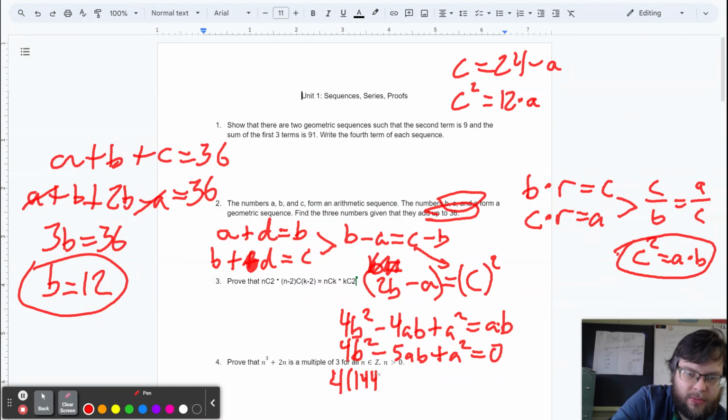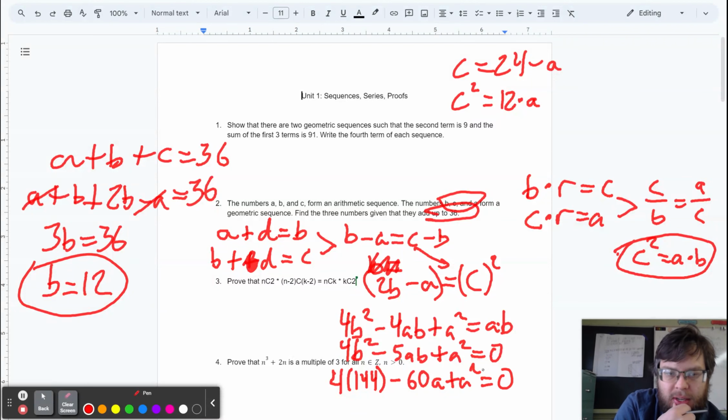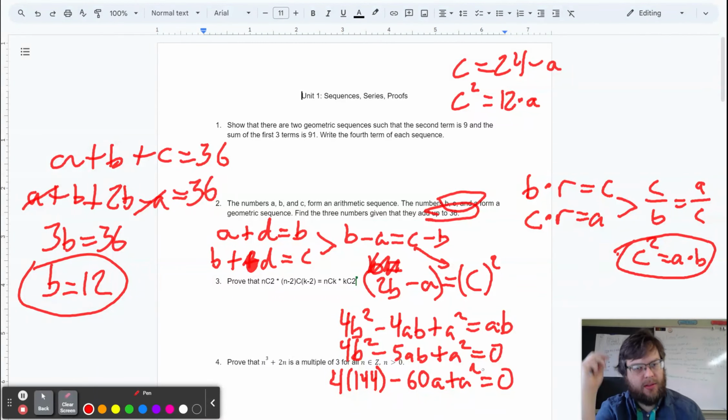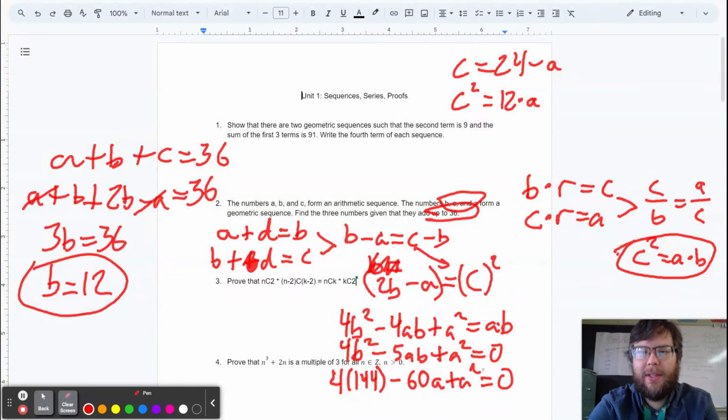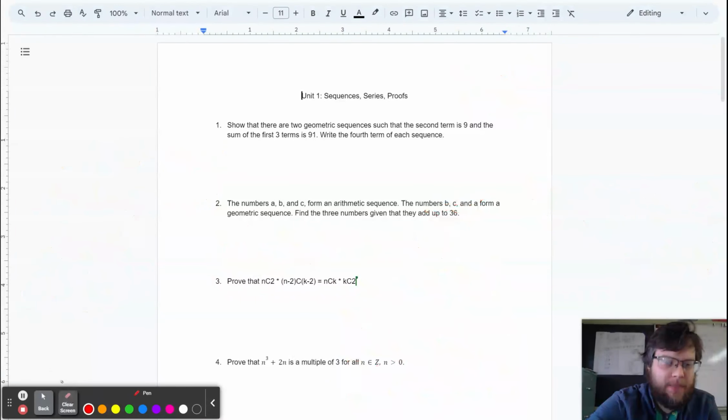So 4 times 144 minus 60 times A plus A squared is equal to 0. That can give me the value of A if I use the quadratic formula, and once I have A, I also have C. I'll have two different possible answers because of the plus or minus, so just double check them and see which one works. Okay, I'm going to leave it there for the sake of time.